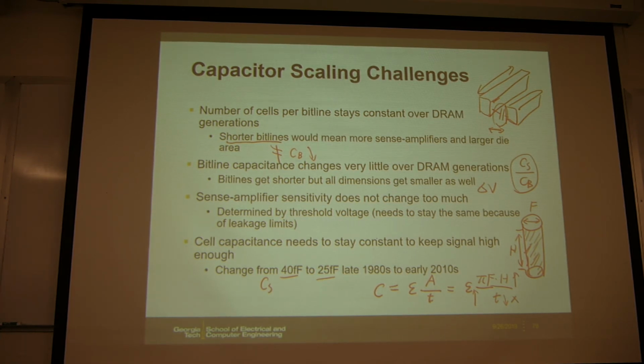So here we define the aspect ratio, which is defined as the height over the diameter, and this aspect ratio will become higher. So let's look at each of those techniques in the following slides. So this is exactly what industry is doing to maintain this C, because naturally F is becoming smaller.